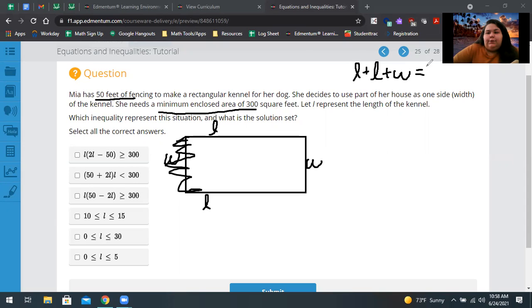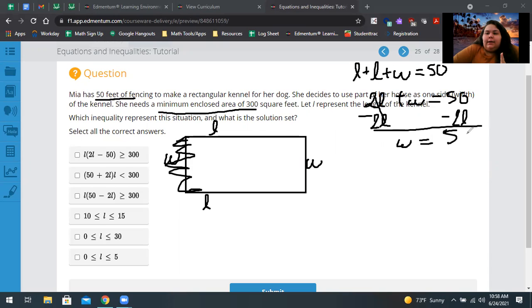We're not trying to get rid of W, but we want to rewrite W as something in terms of L. So if I have this W here and I have two L's, let me rewrite that as 2L plus W is equal to 50. I'm going to subtract the 2L on both sides to leave the width alone. And now this will be W equals 50 minus 2L.